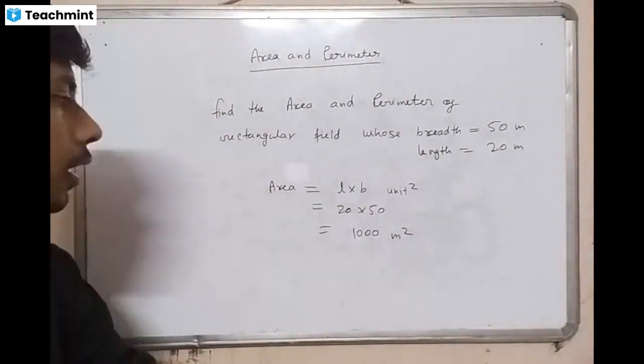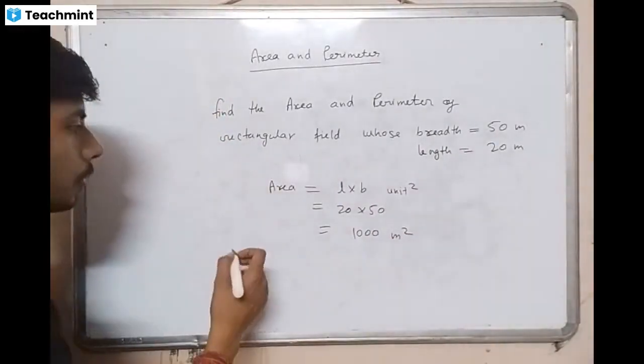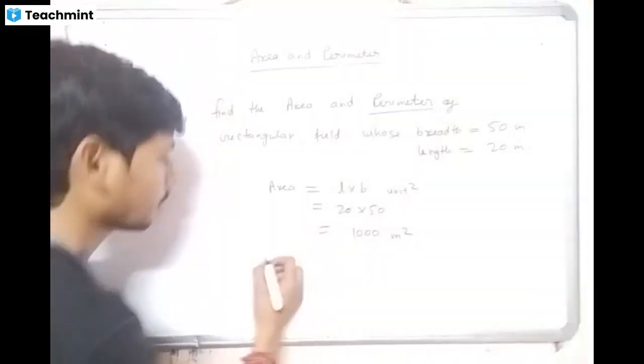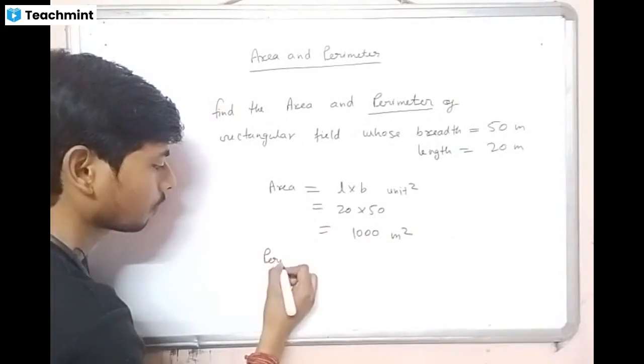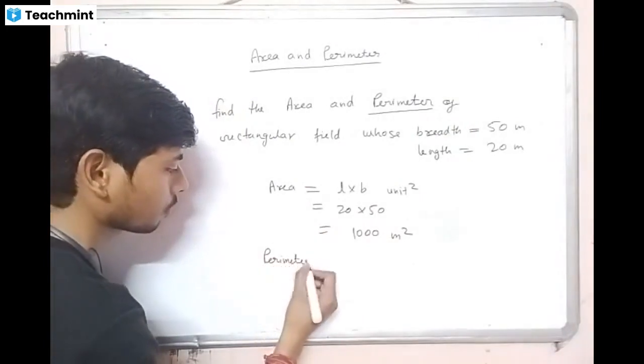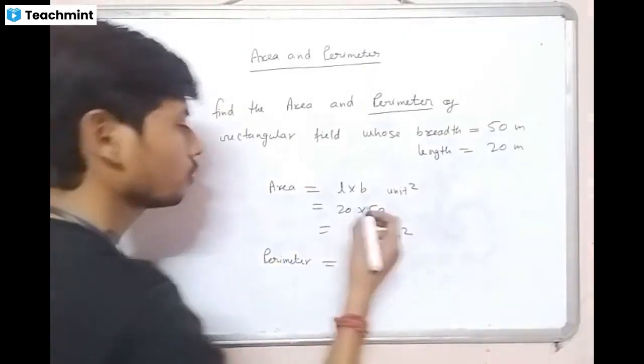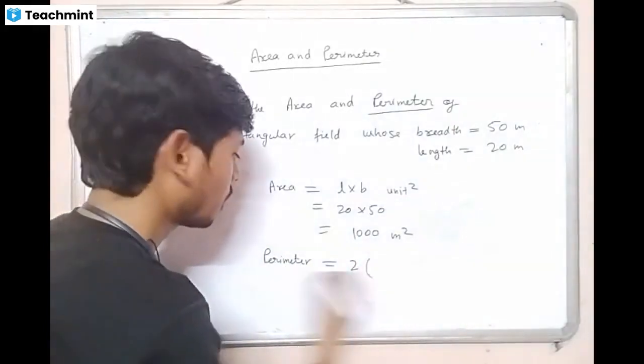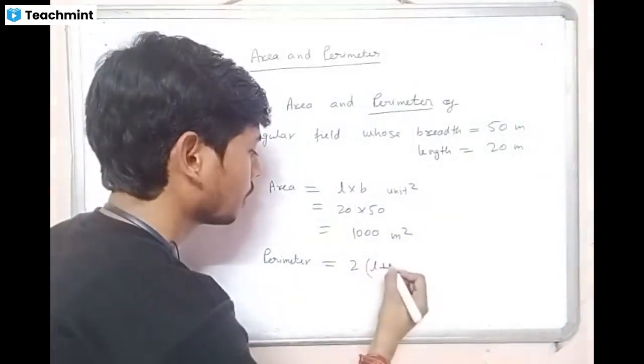I hope you understood. Now let us find the perimeter. The perimeter is equal to what? I have just discussed the formula of perimeter, that is 2 into (L plus B).